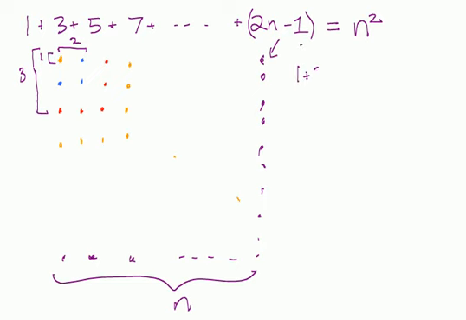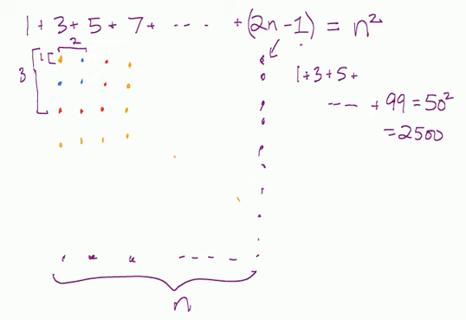Try this. You challenge somebody. What's 1 plus 3 plus 5 up to 99? What you do is you add 1 to the 99. That gets you to 100. Take half of that. That will give you your n. This is 50 squared. That's 2,500.